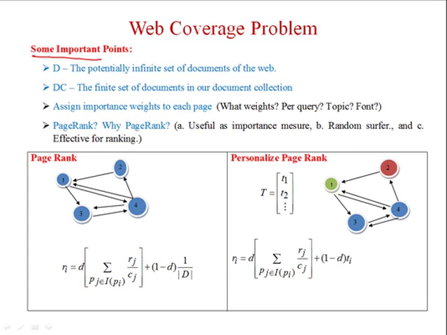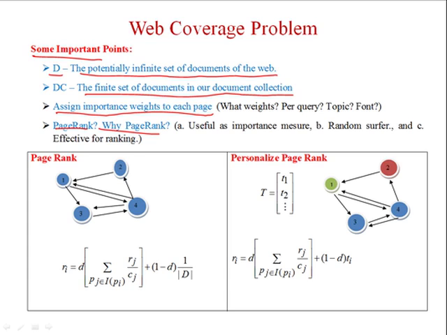Some important points. Let D be a potentially infinite set of documents in the web. DC is the finite set of documents in our document collection. Assign an importance weight to each page: page rank.